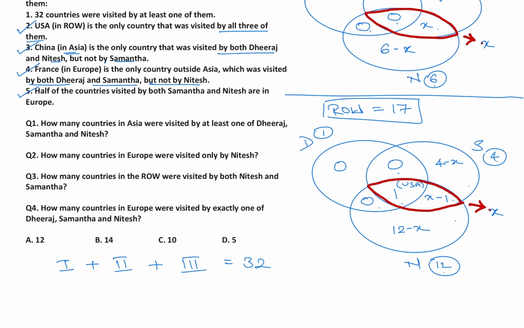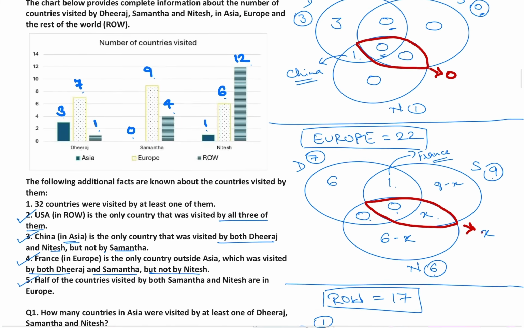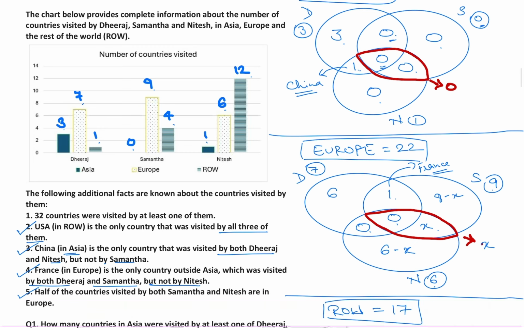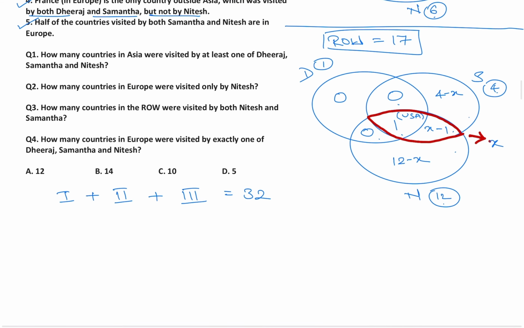Okay. So what we can do is add them up. Countries visited by exactly 1 in Asia is 3 plus 0 plus 0, so this is 3. 0 plus 0 plus 1, it is 1, and we have 0. So the sum will be 4 from Asia.